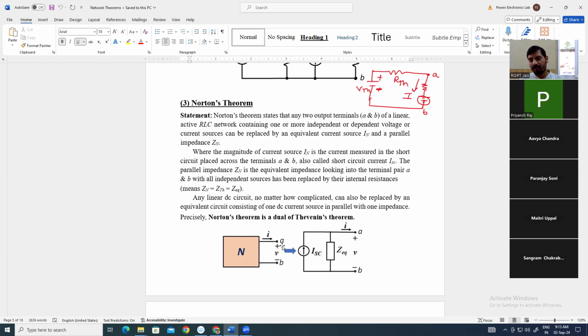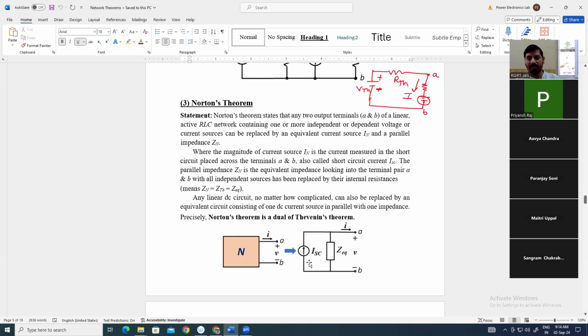We will short circuit terminals A and B, means we will connect a simple wire with very low resistance between terminals A and B, and we will calculate the current flowing through these terminals A and B. Okay, means the short circuit current. If you do a short circuit between these two terminals, you have to calculate the short circuit current, and that will be your ISC.